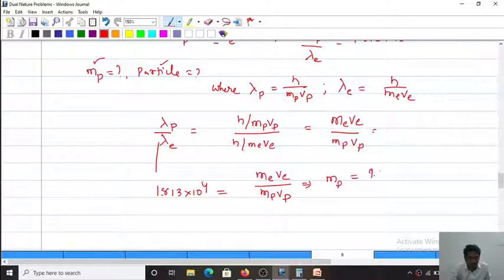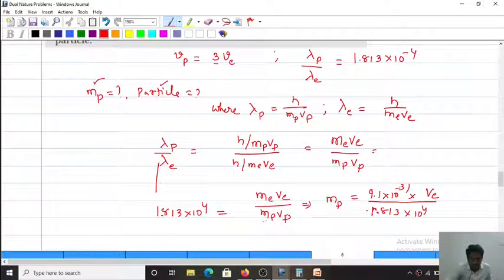We need to find the mass of the particle, so it equals the mass of the electron, 9.1 into 10 power of minus 31, times ve, divided by 1.813 into 10 power of minus 4 times the velocity of the particle, which is 3 times the velocity of the electron.